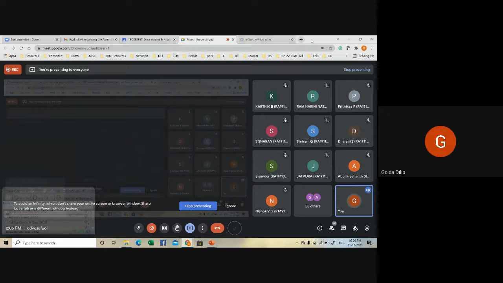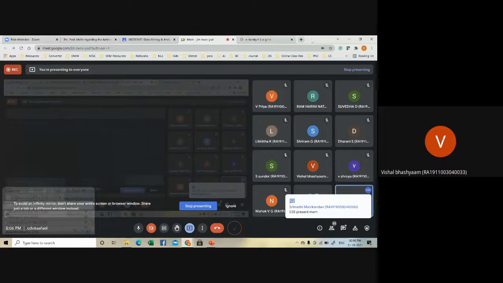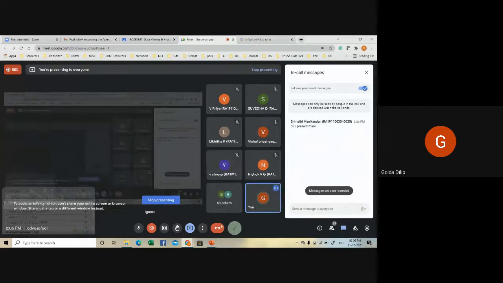Aravind is here. Sharan Varghese is also here. Shakti Priya, present, ma'am. Nishok, present, ma'am. Shreya, present, ma'am. Shreya was absent for previous class. Yes, ma'am. Suveda, present, ma'am. Vishal Bhashyam, present, ma'am. Noted. Somebody is texting me out here. Okay, let me stop recording.